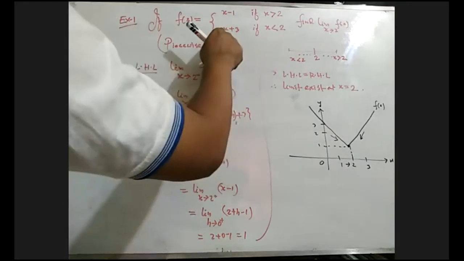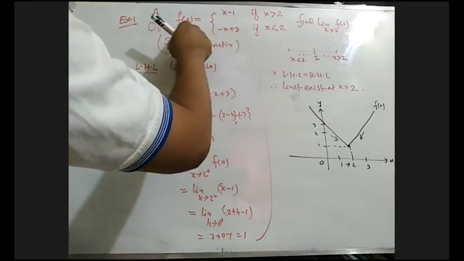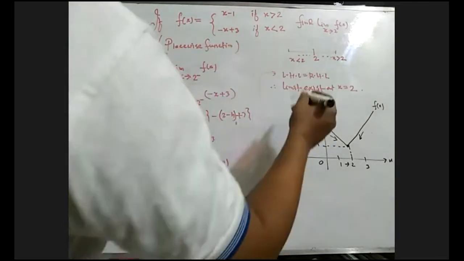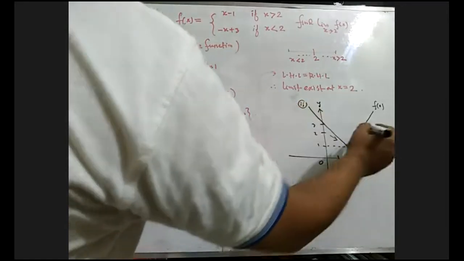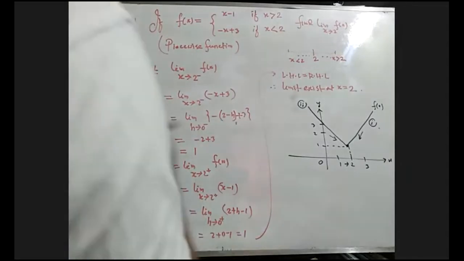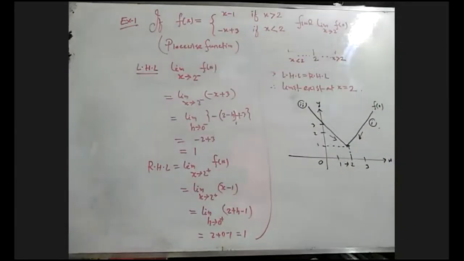You can plot this one: this is the second function, and this is the first function. Remember it. So we got the values here: the left hand limit and right hand limit both equal 1.